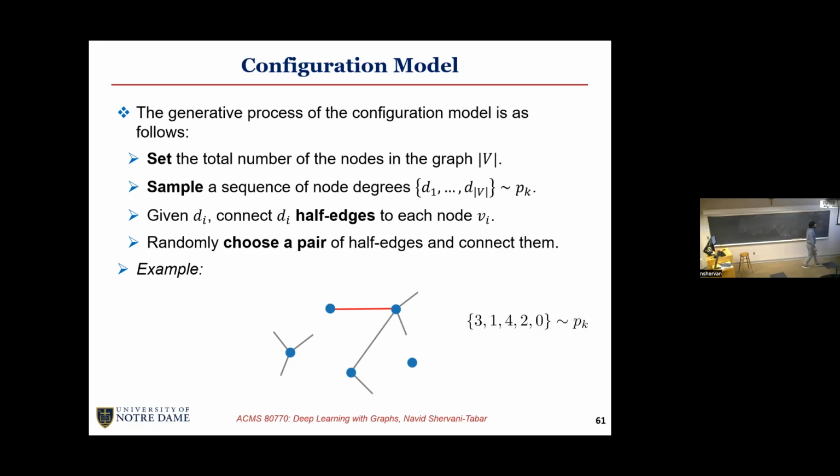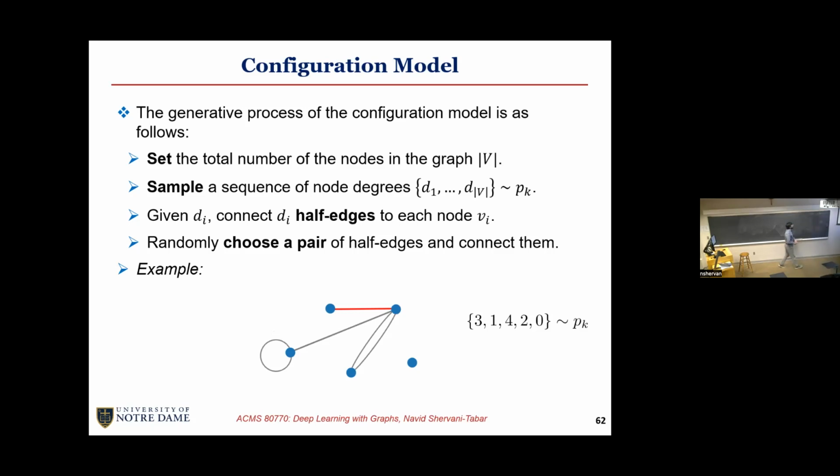That's going to create another edge in this graph. And I'm going to continue that until I've connected everything together. So let's just verify this. This guy has 3 edges connected to it. This guy has 2 edges connected to it. This guy has 1 edge. And this guy has 4 edges connected to it. And this doesn't have any connections.